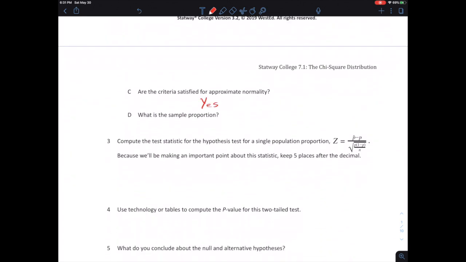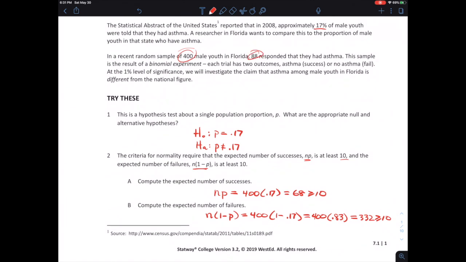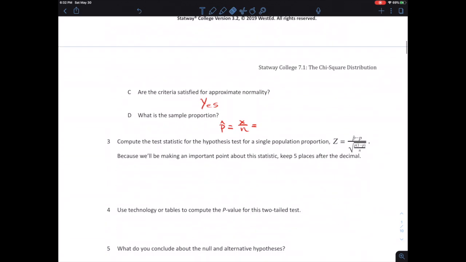What's the sample proportion? Well, p hat is always x over n. x is the number of successes. So if you go back, there were 88 boys in Florida that had asthma, so it's 88 out of 400. And that's 22%, 0.22.